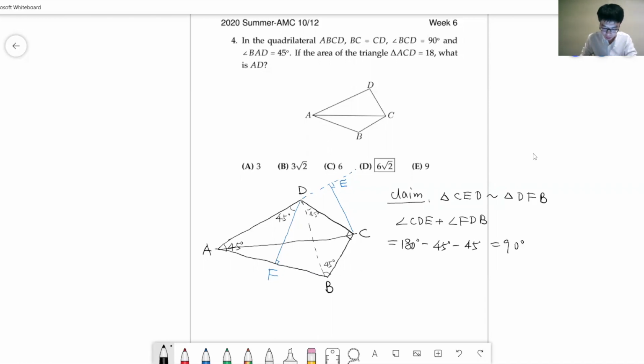And also we know that angle DBF plus angle FDB equals 90 degrees, right? So we must have these two angles equal.